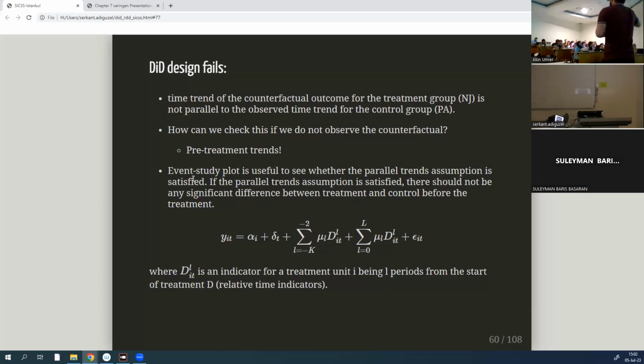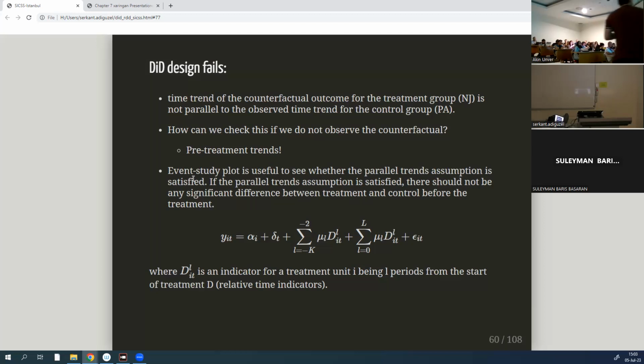You can estimate the impact for each year separately. Then what this tells us is that if the parallel trend assumption is satisfied, all the point estimates before treatment would be null, meaning closer to 0, while after treatment they're going to be negative or positive, whatever you expect.